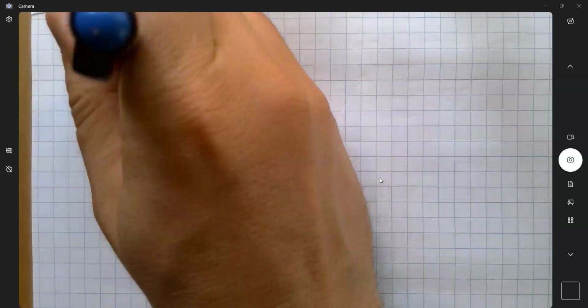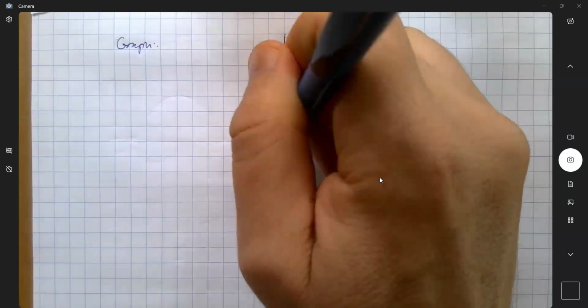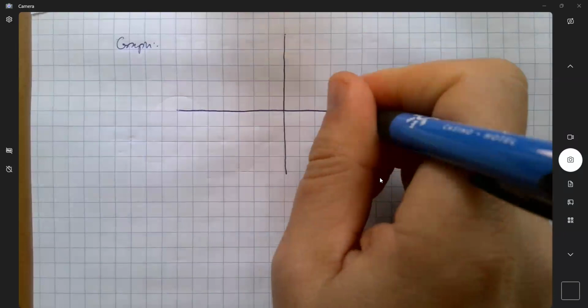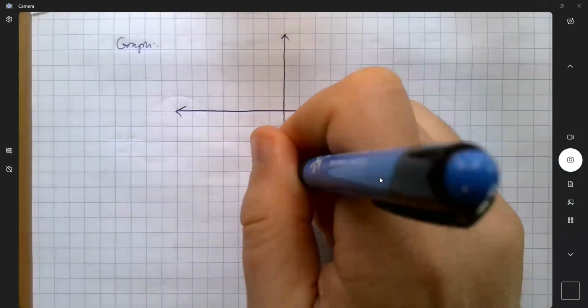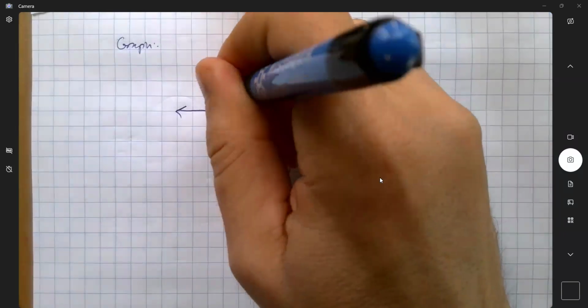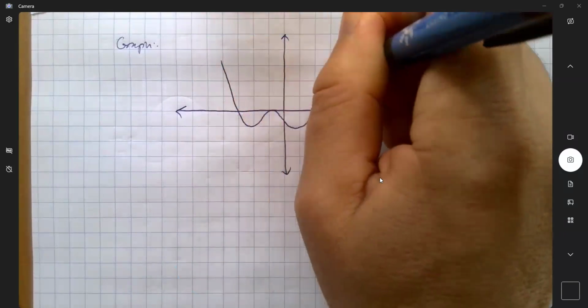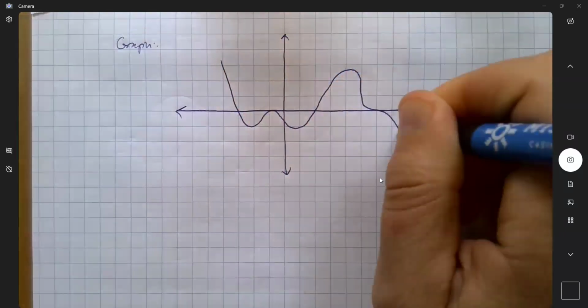Let's build a formula from a graph. So suppose we have the graph of a polynomial that looks like that.